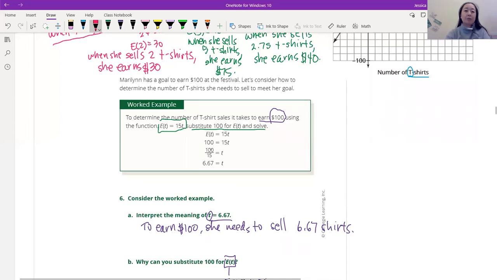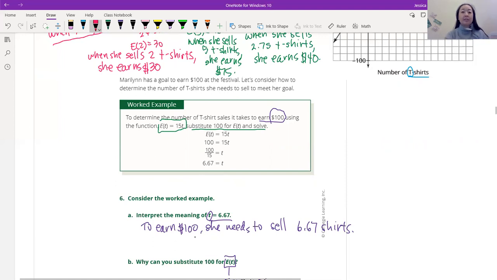Why would we substitute it for E of t? Because that represents your earnings, depending on the number of t-shirts you sell. So we have 100, and then we're solving for t. Basically, you divide both sides by 15, and you get 6.67. Now, what in the world does that mean?